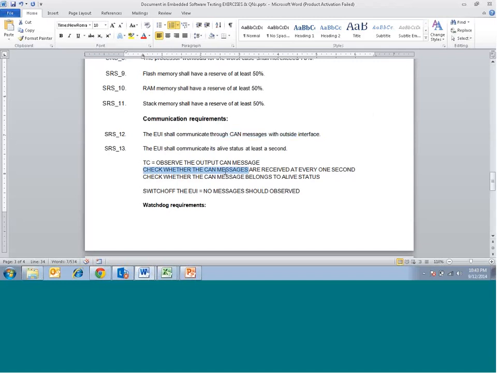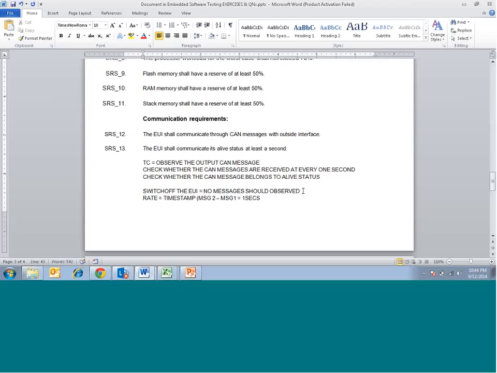rate at which the CAN messages are coming, we can verify based on the timestamp, because every CAN message will have a timestamp in the logger outside in the host. With that logger we can see the difference between message 2 minus message 1. That should be 1 second.